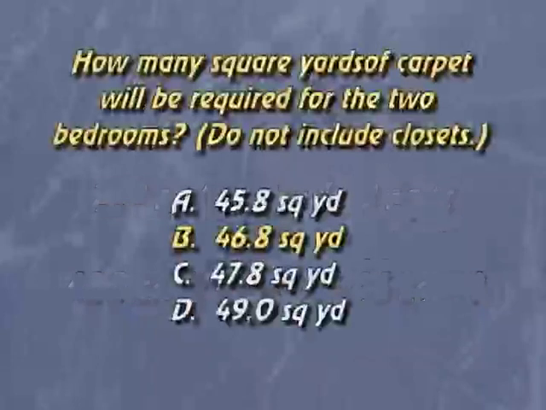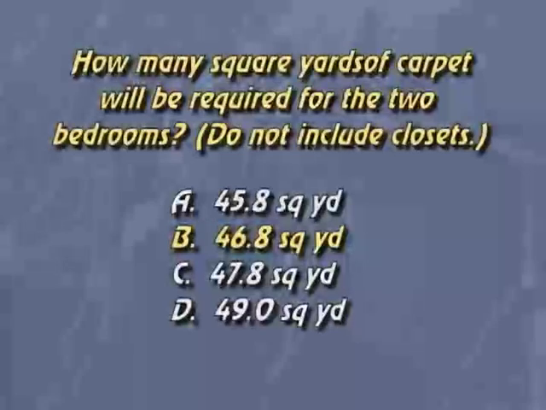We look over to the answers, and again, it's not there in the exact number that we came up with. But if we look at B, we see that B is slightly more than 46.6. And that is the answer that we want. That would indicate that letter B is the ideal or the best answer. Circle B, that is your answer.